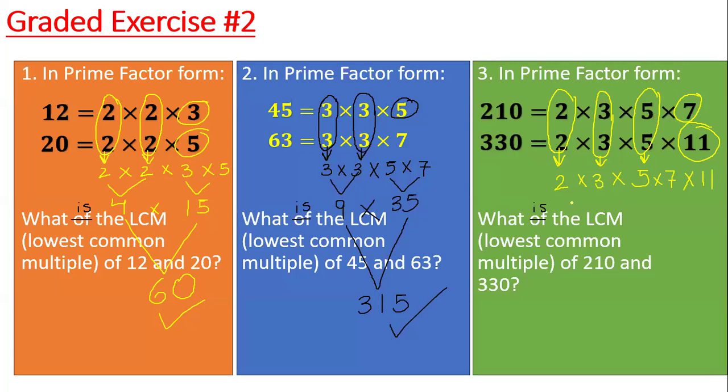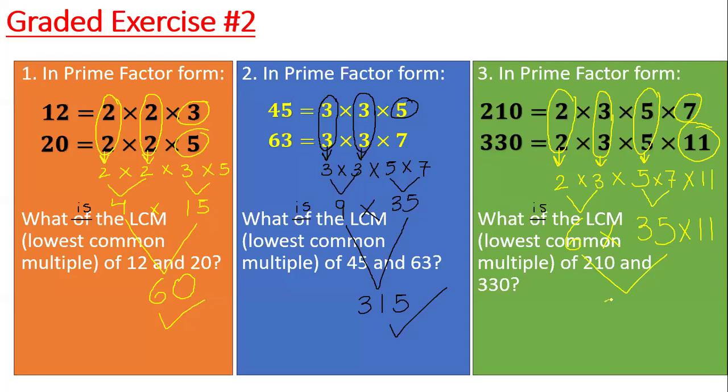3 times 2 is 6. 5 times 7 is 35. So 6 times 35 times 11 is equal to 2,310.